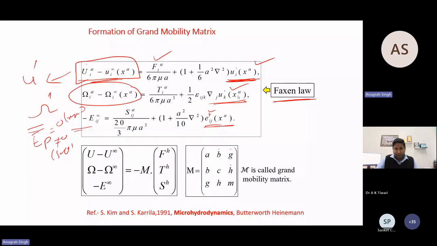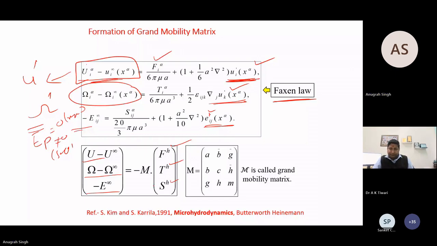If you substitute it, you can relate it in a very nice form, where this is the translational velocity, angular velocity, and the rate of deformation tensor, related to the force, torque, and stresslet on the particle. And M is called the mobility matrix. It's a big matrix that has different components.